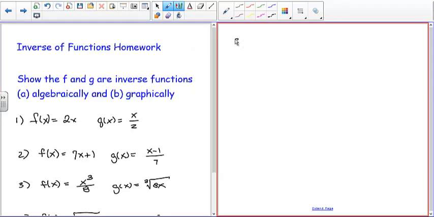Analytically, for number 3, we have f of g of x. So we have f of x is x cubed divided by 8. But for x, we put in the cube root of 8x. So when you cube something of the cube root, you just end up with what's inside. So you get 8x over 8, which is equal to x.